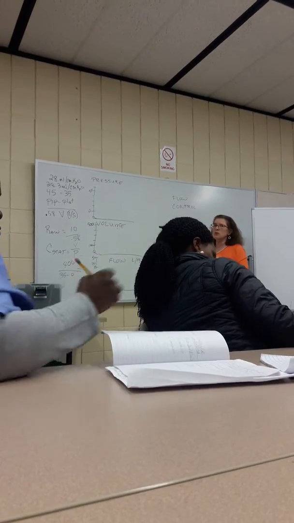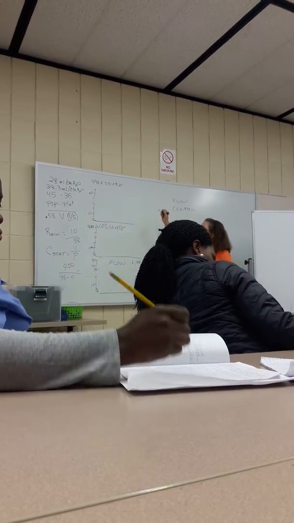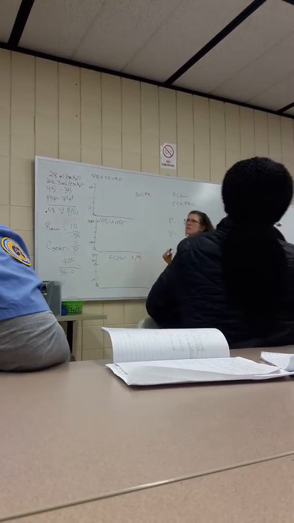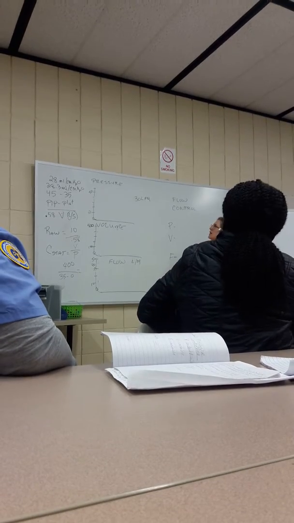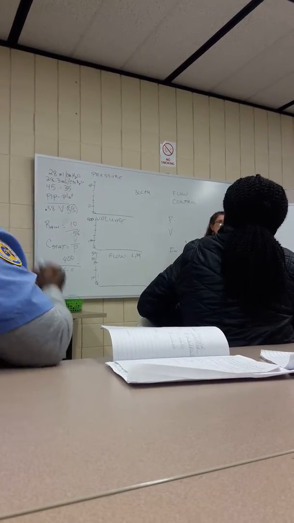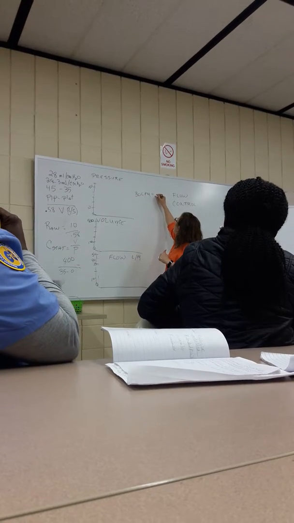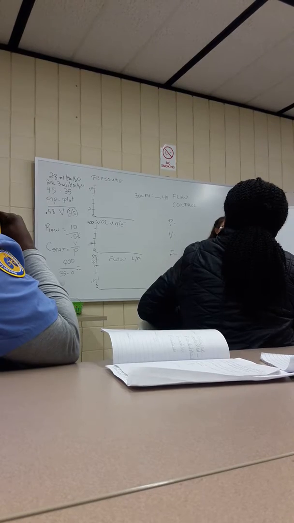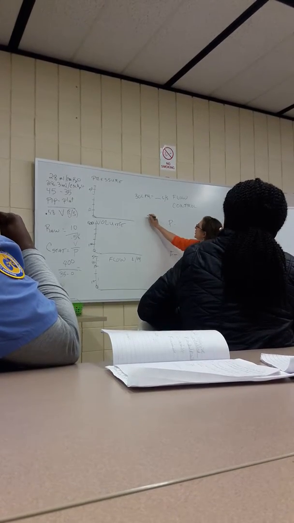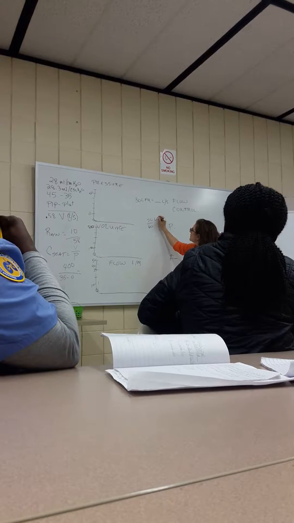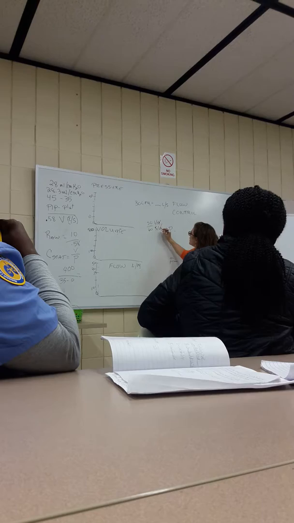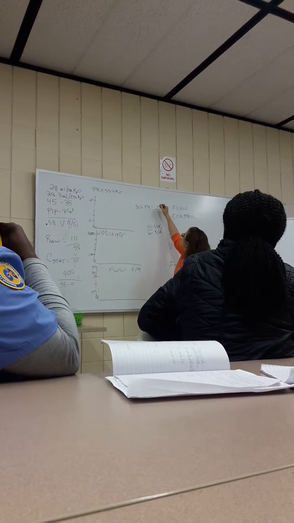So on flow control, how it works: if I set 30 liters per minute, let's convert this first to seconds. 30 liters per minute is equal to how many liters per second? 30 liters per minute divided by 60 seconds per minute, what we're gonna get is 0.5 liters per second.